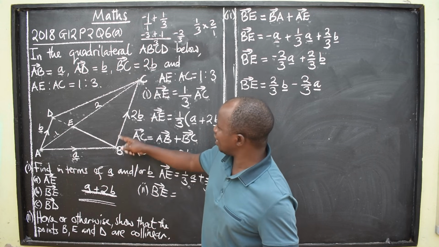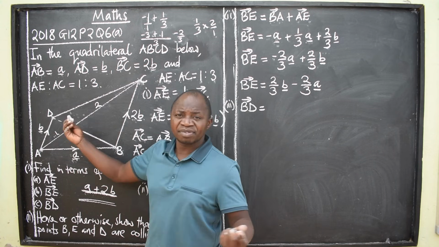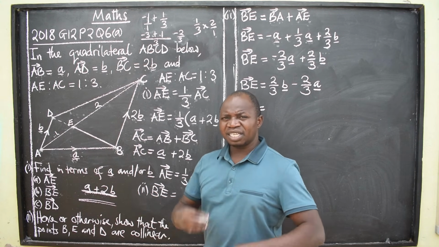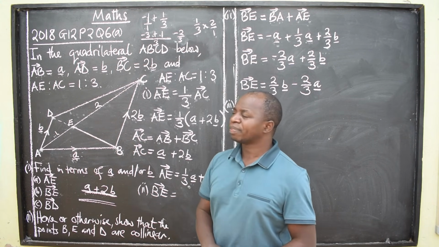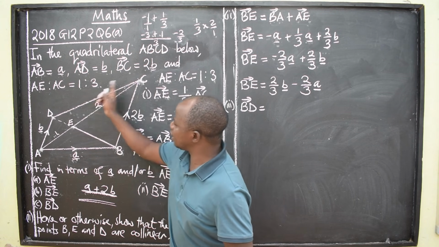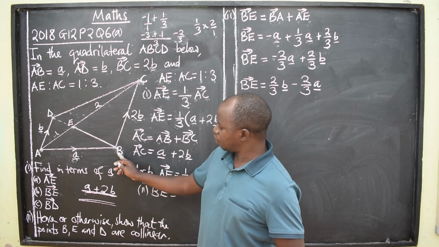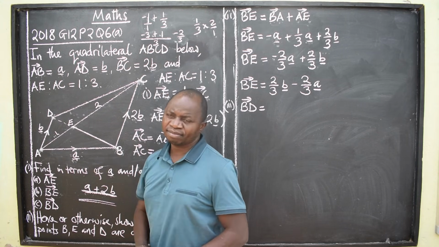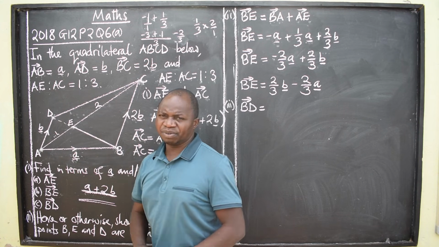You can say B, C, C, D. That will be correct. But remember, you have to use the routes that have got vectors. So I'm not going to use this one because I don't know CD. I'm going to use this one, B, A, D, because I've got these routes.